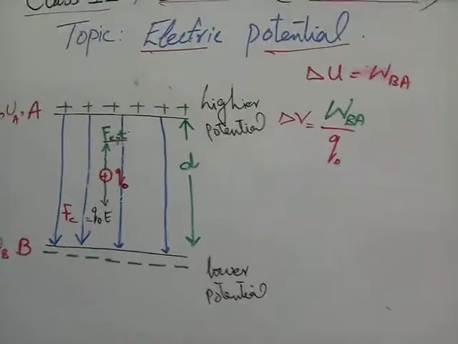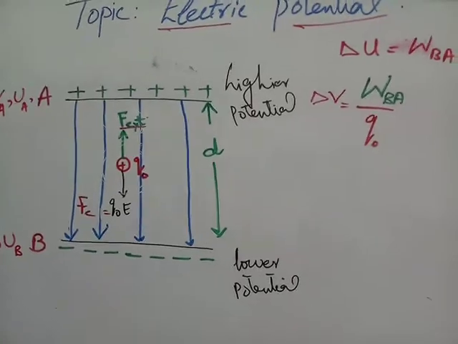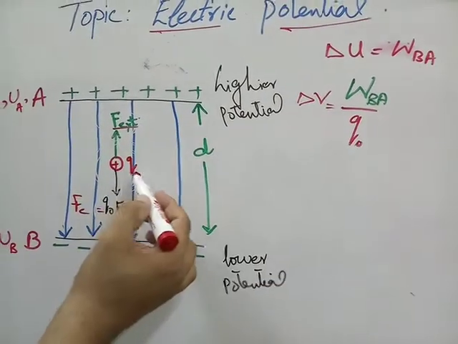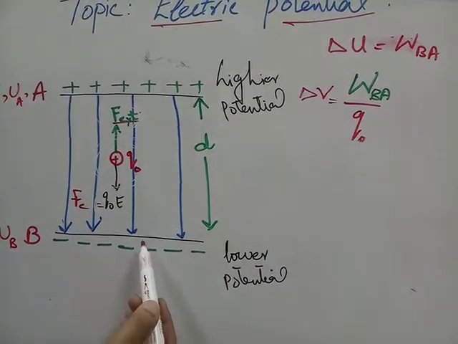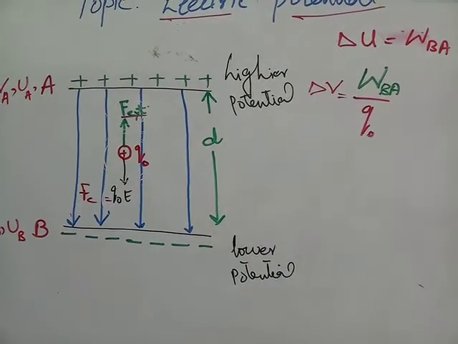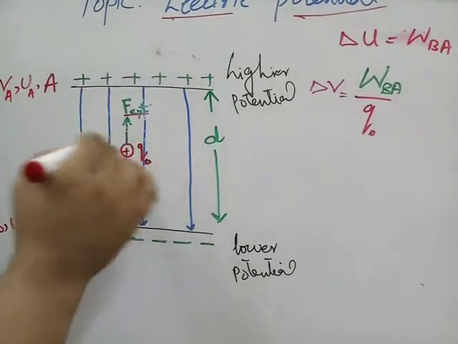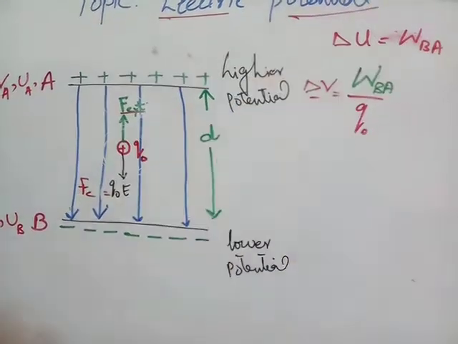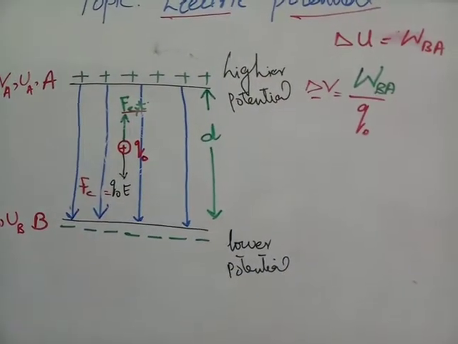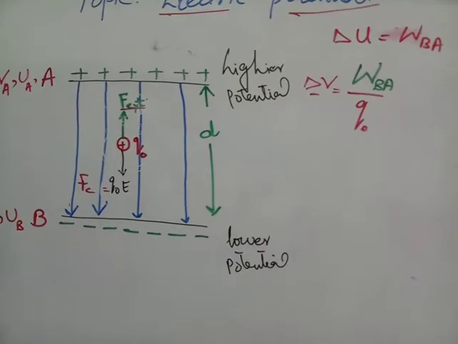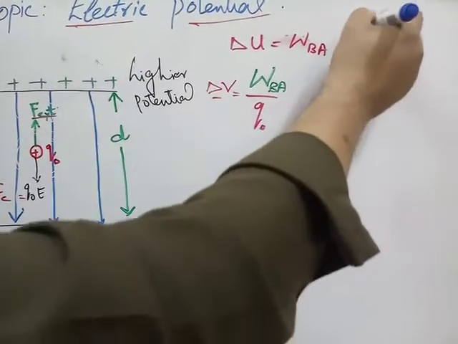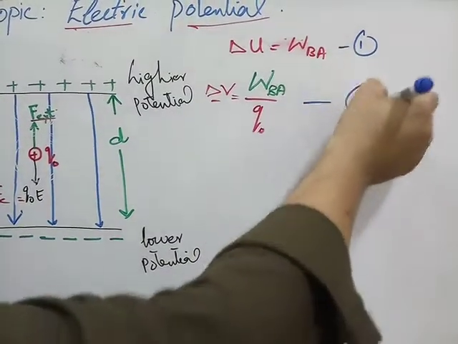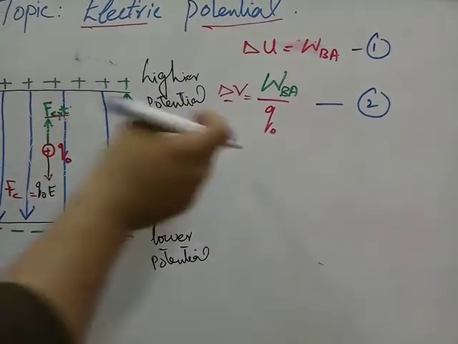So we can define the potential difference as the work done on a unit charge while carrying it from low potential to higher potential when this charge is kept at equilibrium. So this is called the potential difference. Let's write this equation 1 and this equation 2. So this is the formula for potential energy.